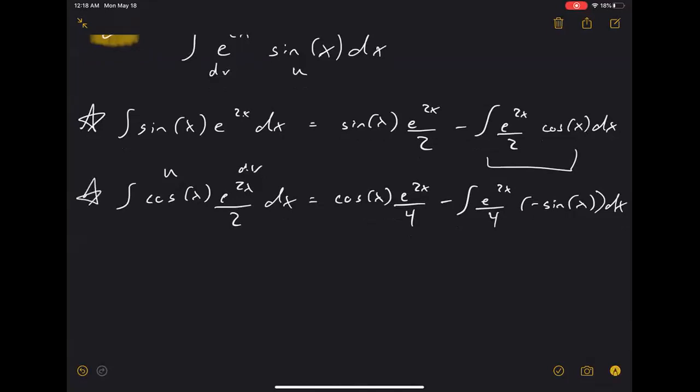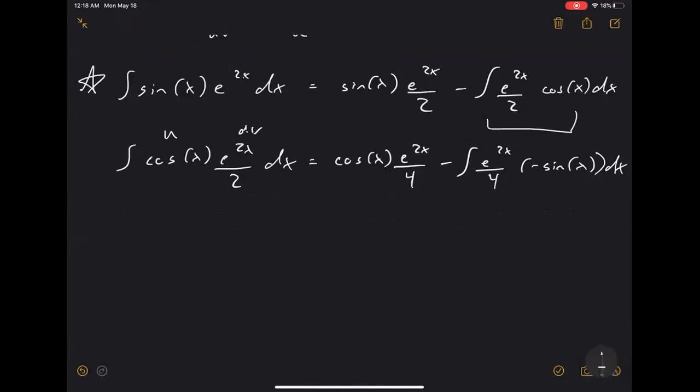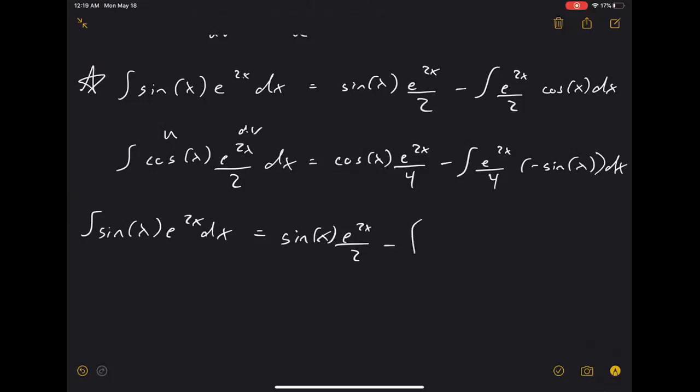All right. So in my first line, my original problem, I'm saying the integral of sine of x e to the 2x dx is equal to sine of x e to the 2x over 2 minus this integral here. Okay, and from the second line, we know that integral is equal to this stuff.